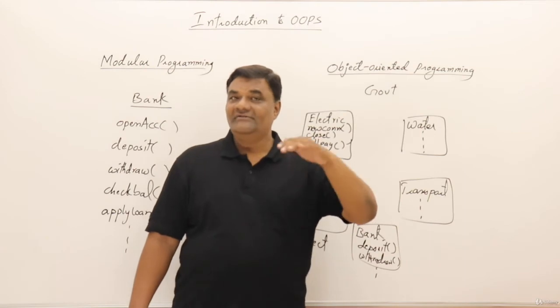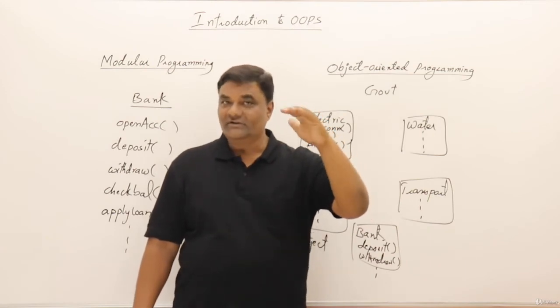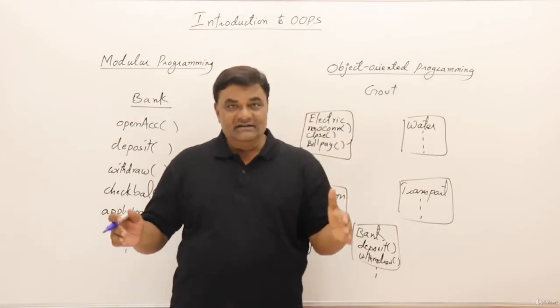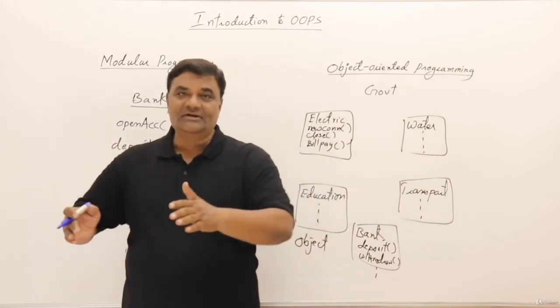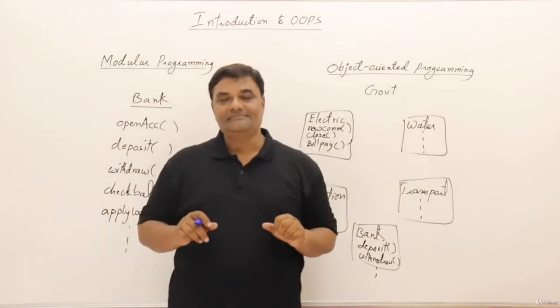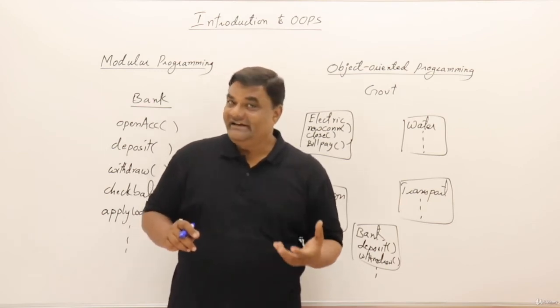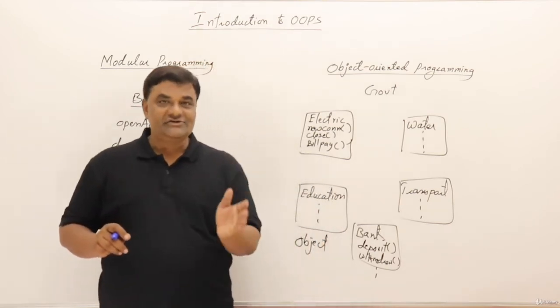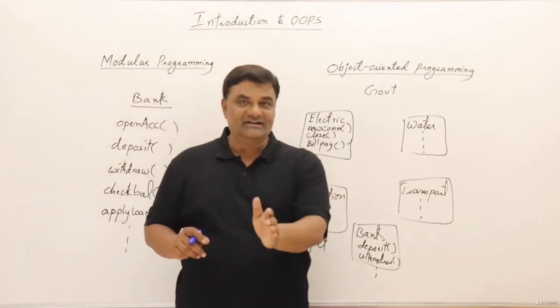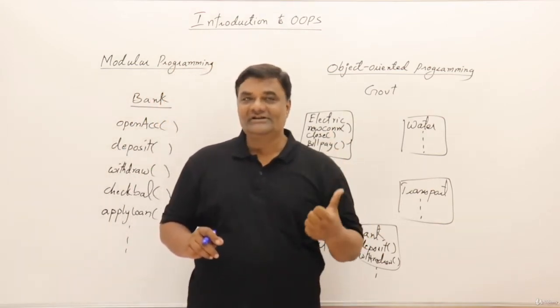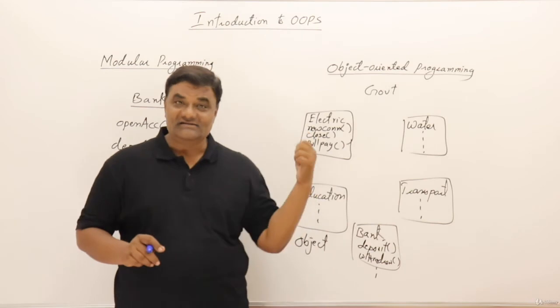So we have increased our level of looking at a system, because earlier we were solving a small problem, now we are solving a bigger problem. That's how, when this trend started, there was a need for some methodology that should support software development easily. So yes, object orientation is best suited for large-size systems.